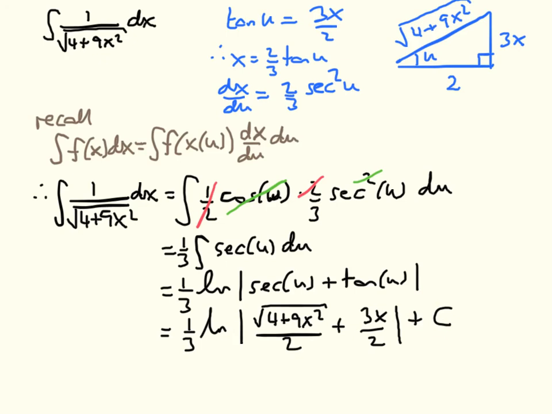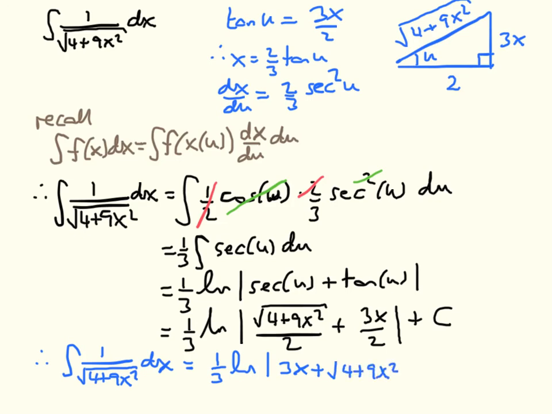So all in all, we can write our integral of 1 over the square root of 4 plus 9x squared integrated with respect to x to be 1/3 logarithm modulus, and I'm going to write the 3x in front, plus the square root of 4 plus 9x squared, all in the square root, close the modulus, plus an integration constant. And that is our final result for the integral.